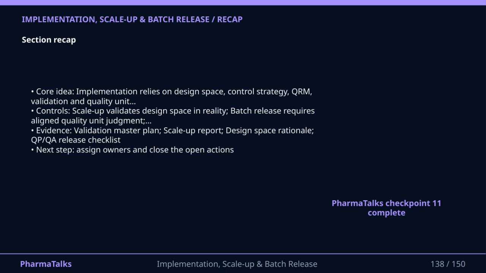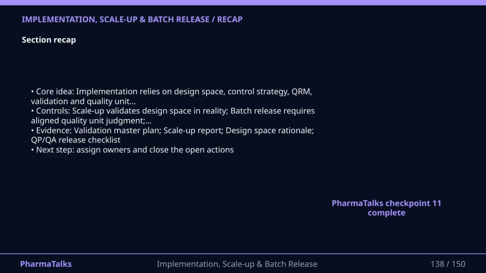Meanwhile, batch release is tightly linked to the quality unit's judgment, requiring their full alignment and approval. To provide evidence that these steps are properly managed, we rely on documentation such as the validation master plan, the scale-up report, the design space rationale, and the QP or QA release checklist. These documents collectively demonstrate that the process is under control and meets our quality standards.